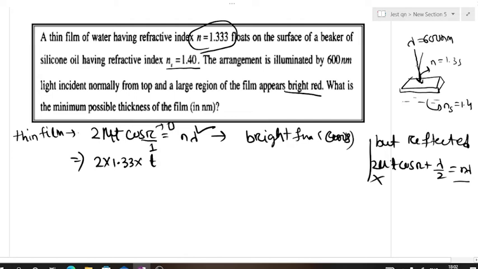As we take the theta from here, so theta is 0 and lambda is given 600 nanometer. So t will be the thickness, and that will be 225 nanometer. This is the answer.